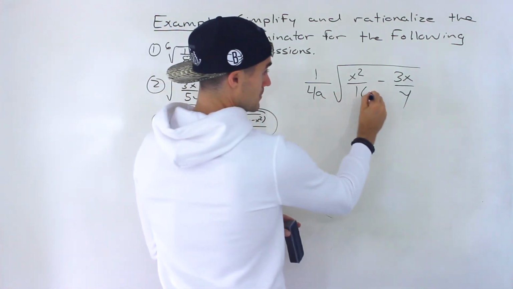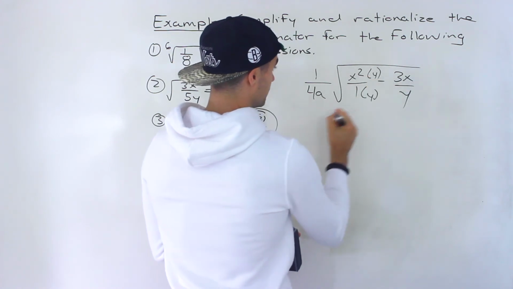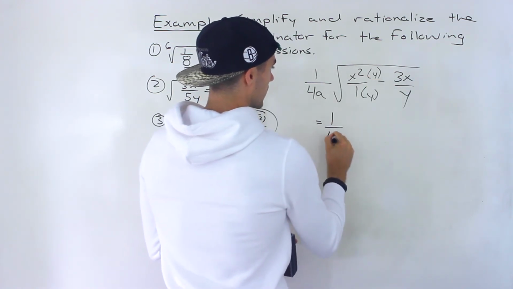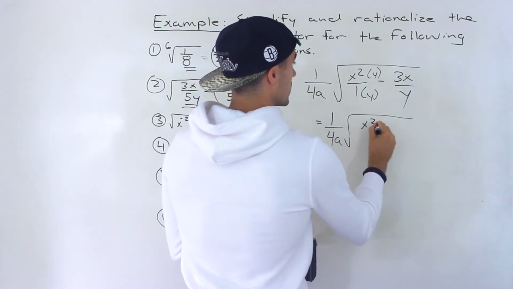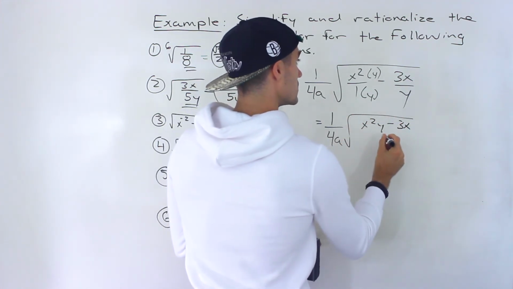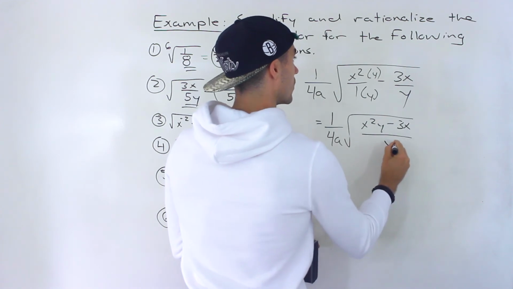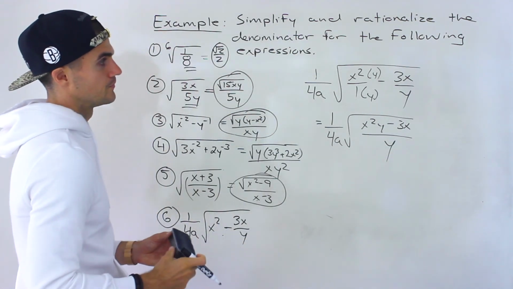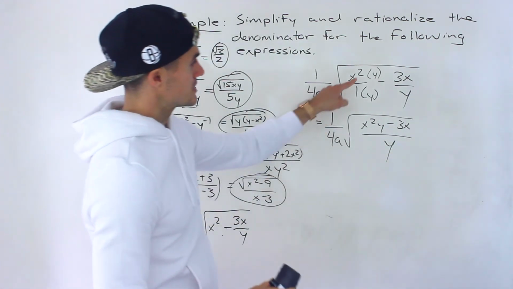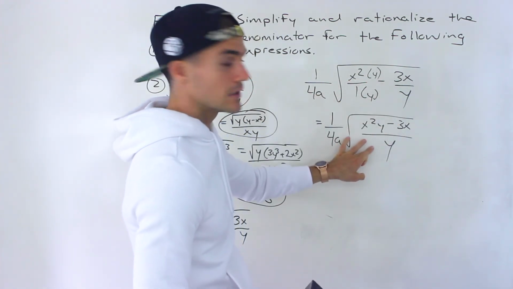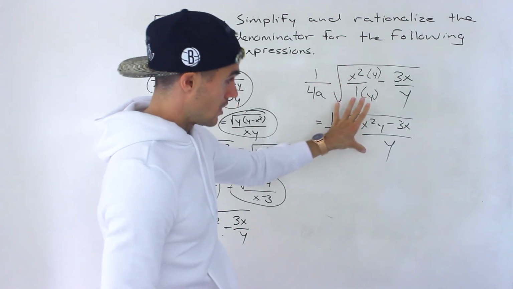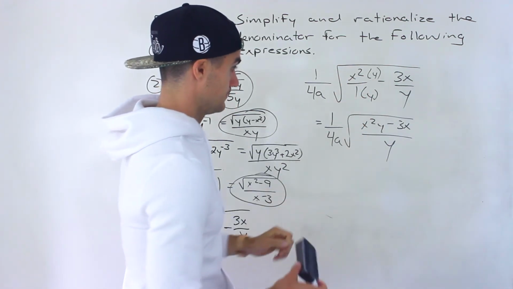So we'd multiply this by y, multiply this by y. Got the 1 over 4a, x squared y minus 3x over y. Right, this ended up being x squared y minus 3x, and then the common denominator is y. It's all now one fraction.